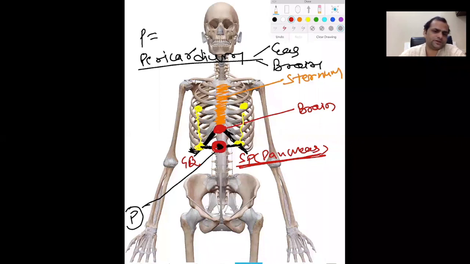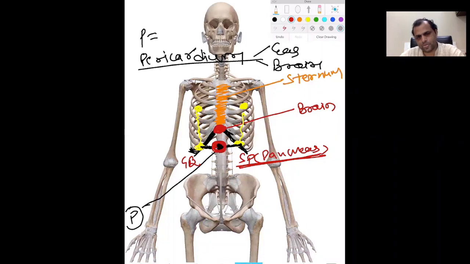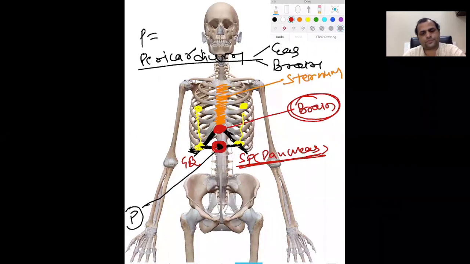Now let's proceed to the next point. Just here, I want to tell you one more thing. The upper one is the brain point, and this lower one is the point of pericardium.